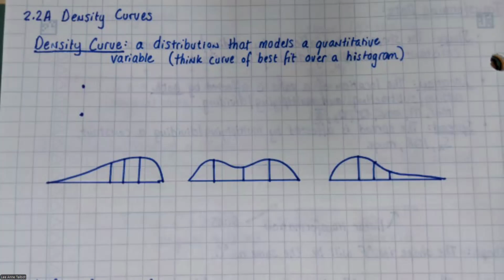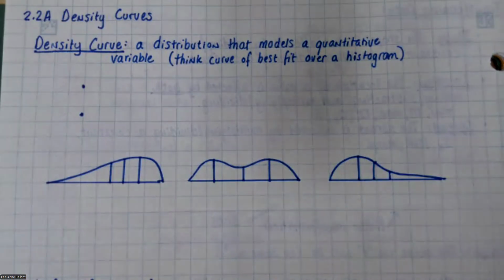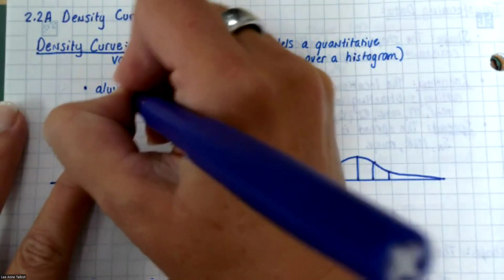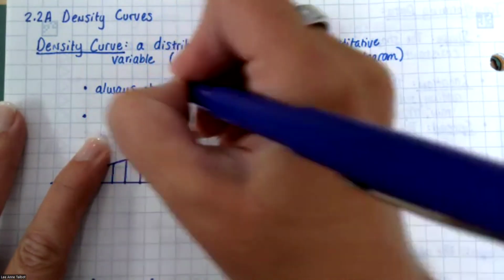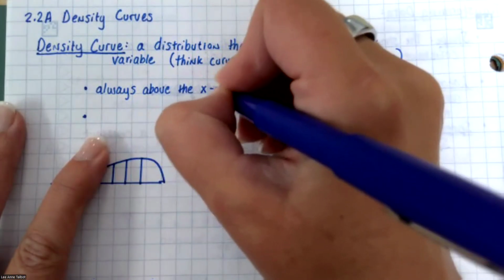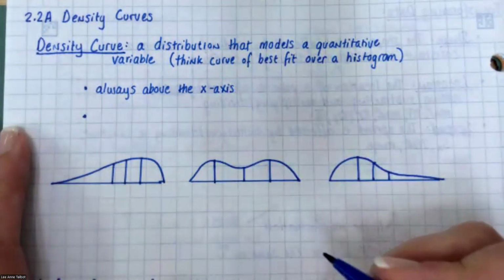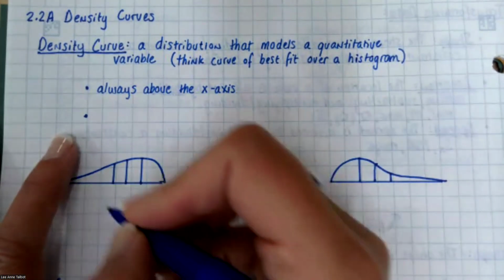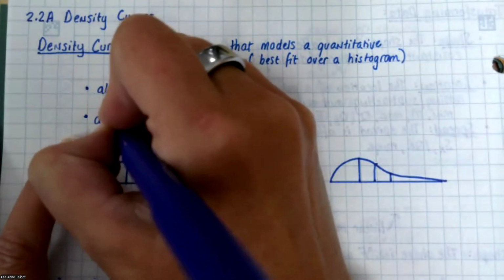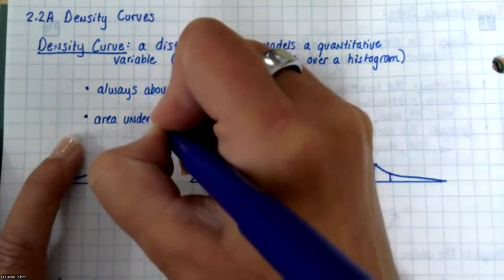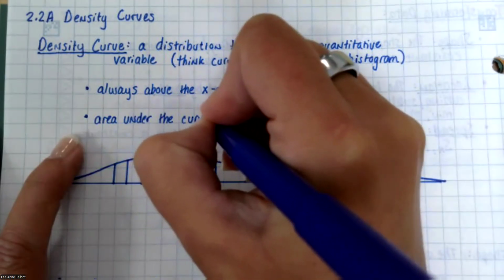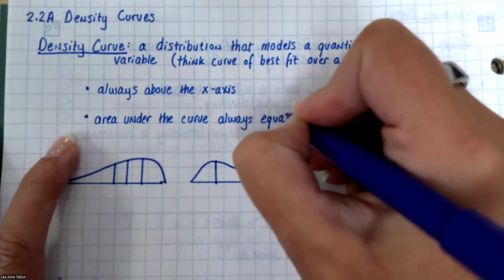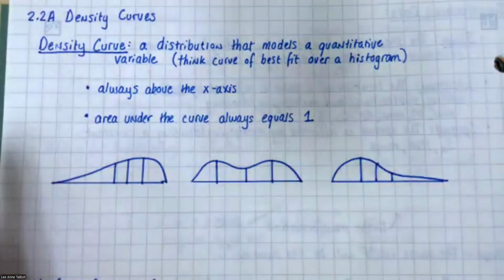There's two things that you need to know about this, and it's going to sound like calculus, but it's not. They are always above the x-axis. And the area under the curve always equals 1.